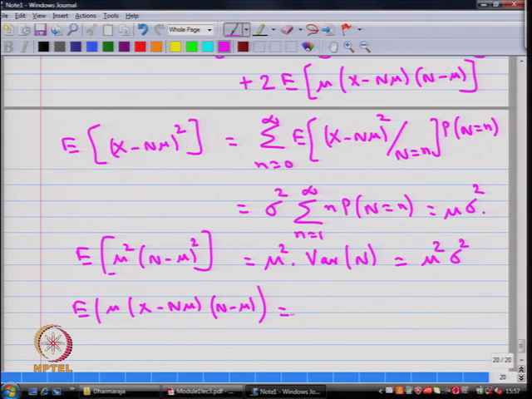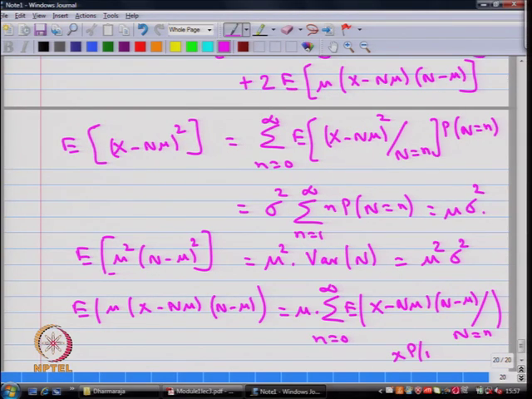Here also one can use the conditional expectation, that is mu times summation n is equal to 0 to infinity expectation of x minus n mu multiplied by n minus mu condition n takes a value small n multiplied by probability of n takes a value n.